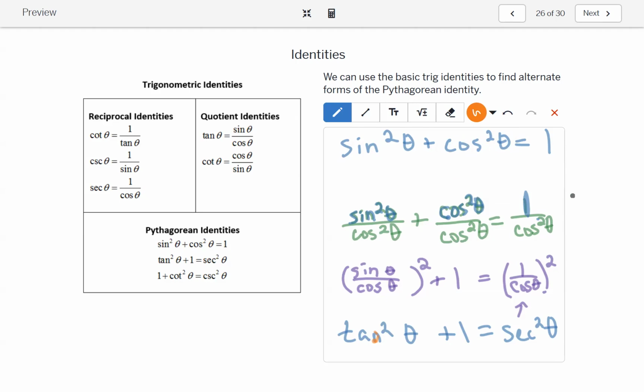As long as it's the same thing, I can do that. What operation could I do to both sides so I produce this equation down here? What did they do to the 1 to turn it into 1 over cosine squared theta? It's kind of a silly question, because the answer is almost the question itself. They put 1 over cosine squared theta.